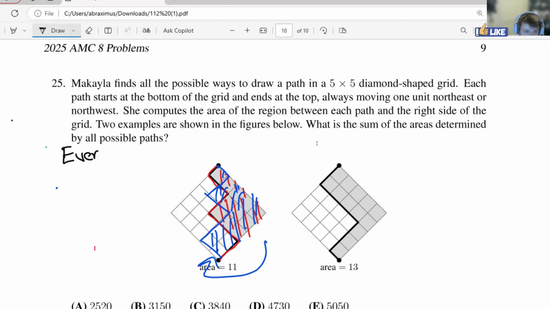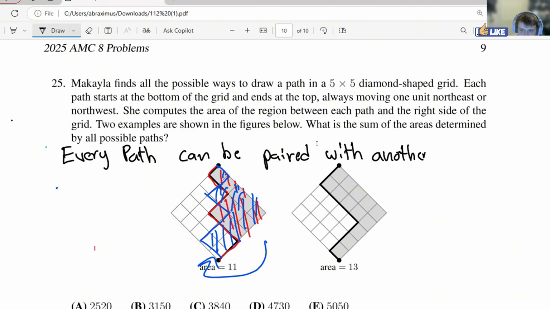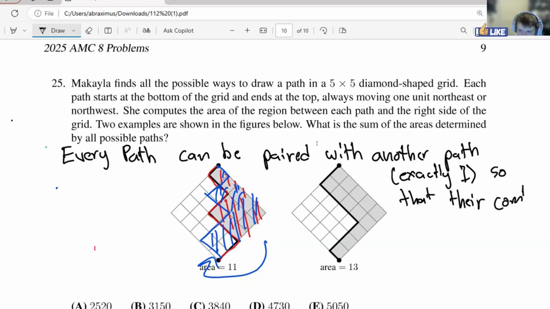Every path can be paired with another path, and exactly one, so that their combined areas are 25 squared.